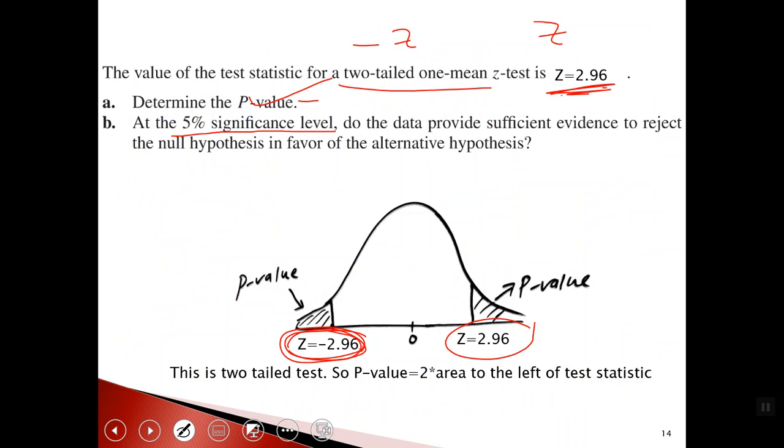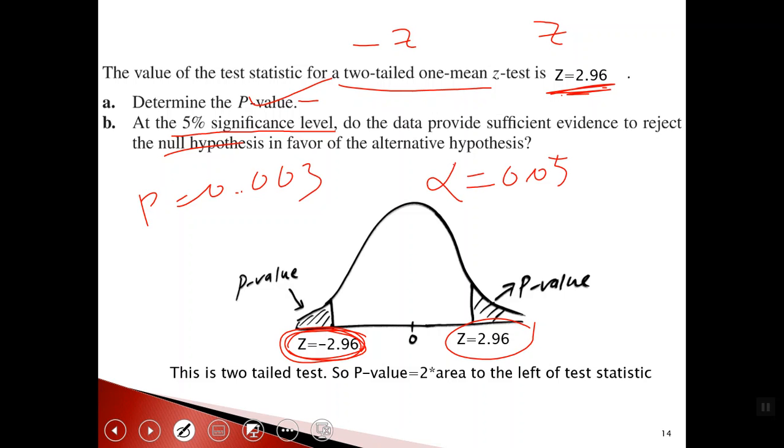Done. What's the second one? With a 5% significance level, we have to decide whether we reject or do not reject our null hypothesis. The p value is 0.003. What is your alpha value? It is 0.05.